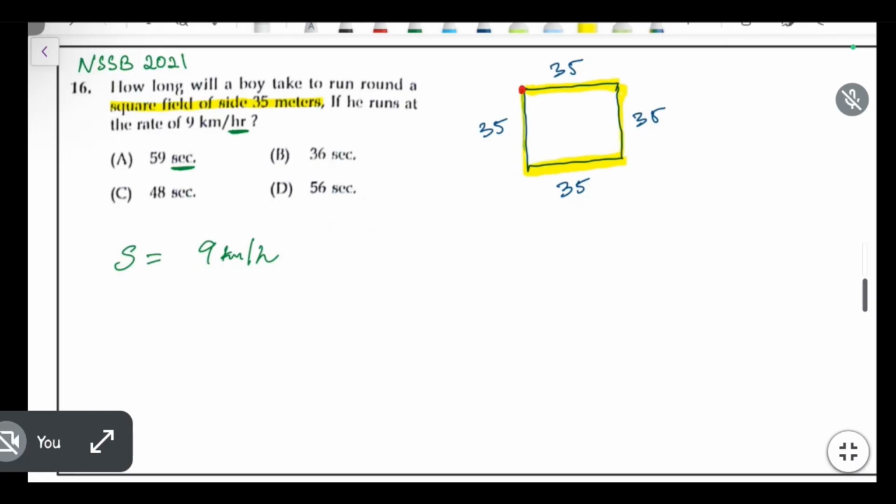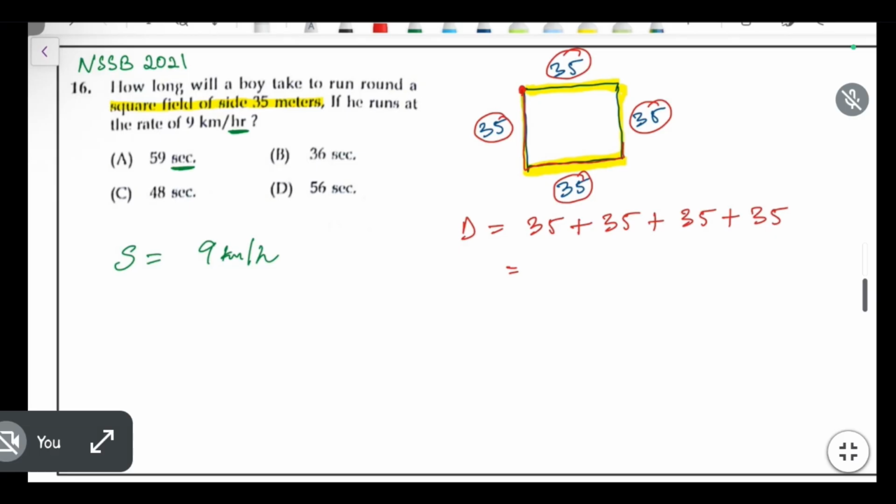So let us find the length of this track. That means that will be the distance. Okay, so distance will be this one 35 plus this one 35 plus this one which is 35 plus this one which is 35. If you are familiar with the perimeter of a square, perimeter means the outer edge, we call it perimeter.